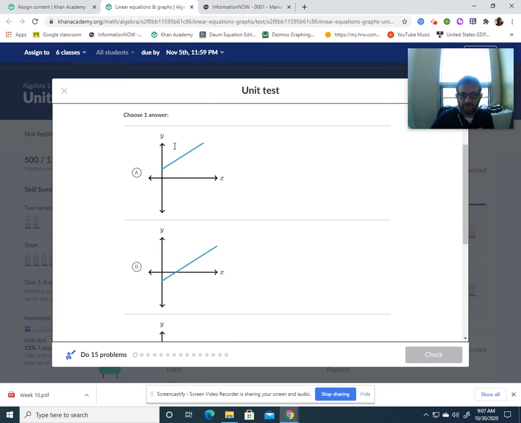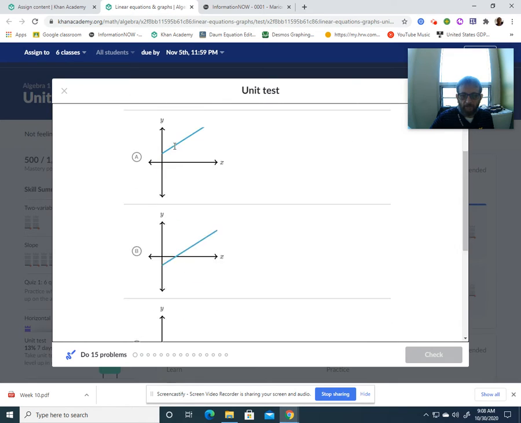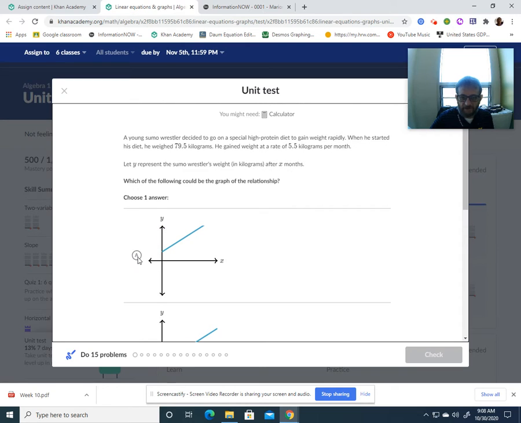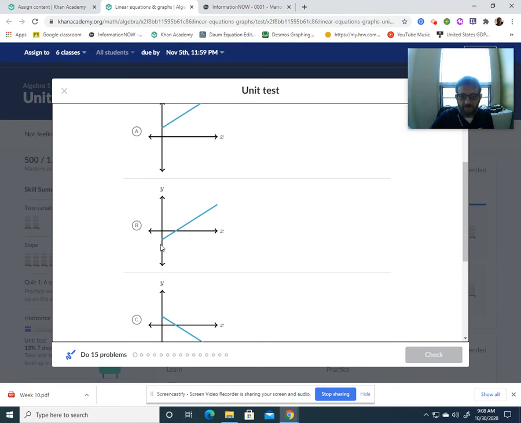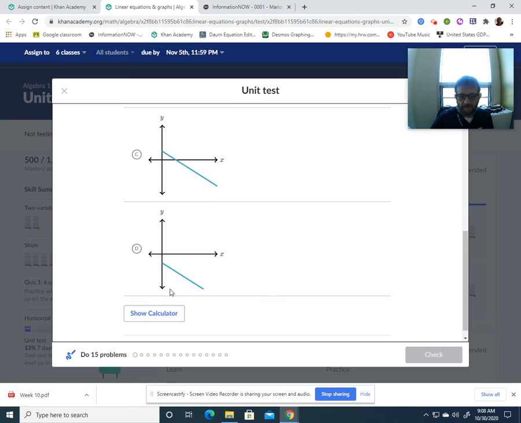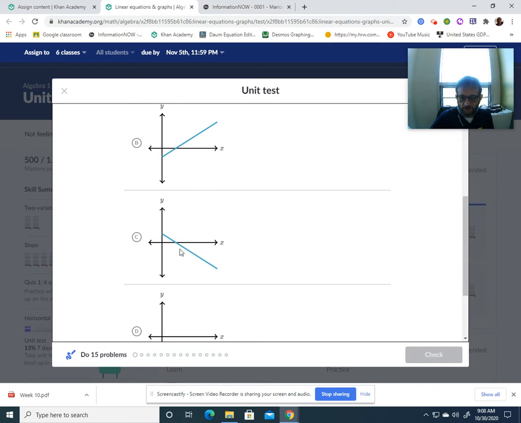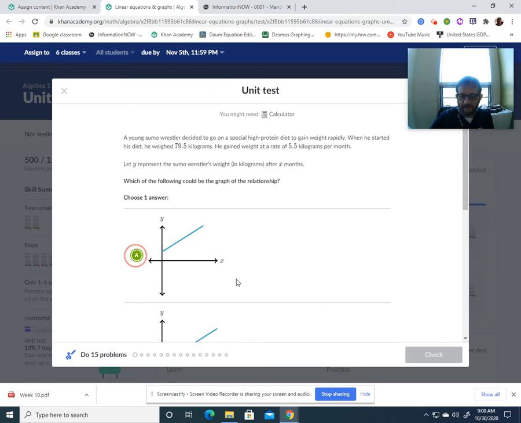It's the y-intercept, so my graph has to have a positive y-intercept. That one does, that one does not, that one does, that one does not. He's gaining weight, so his weight should go up. That's the one, not this one, where he's losing weight. It's got to be A.